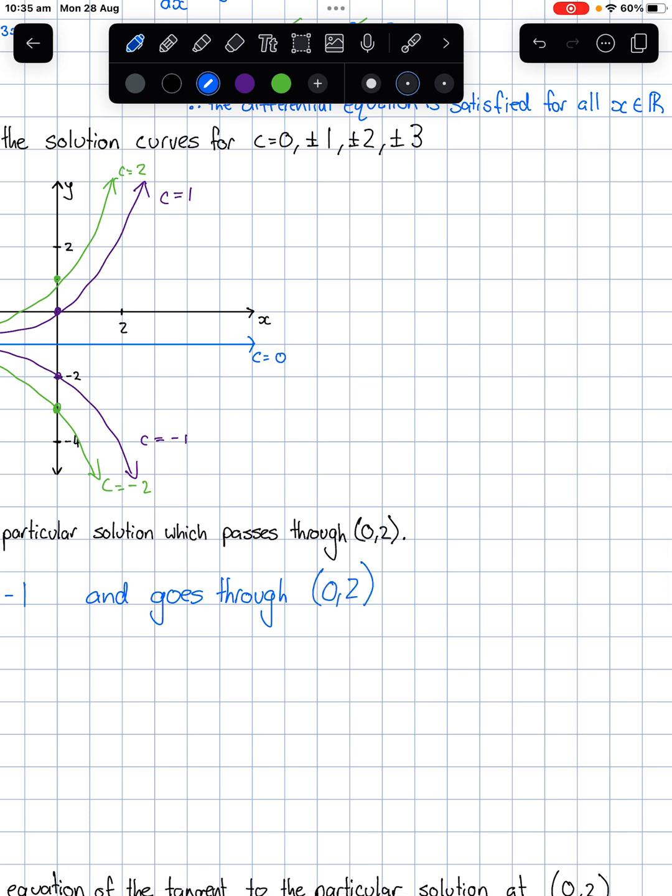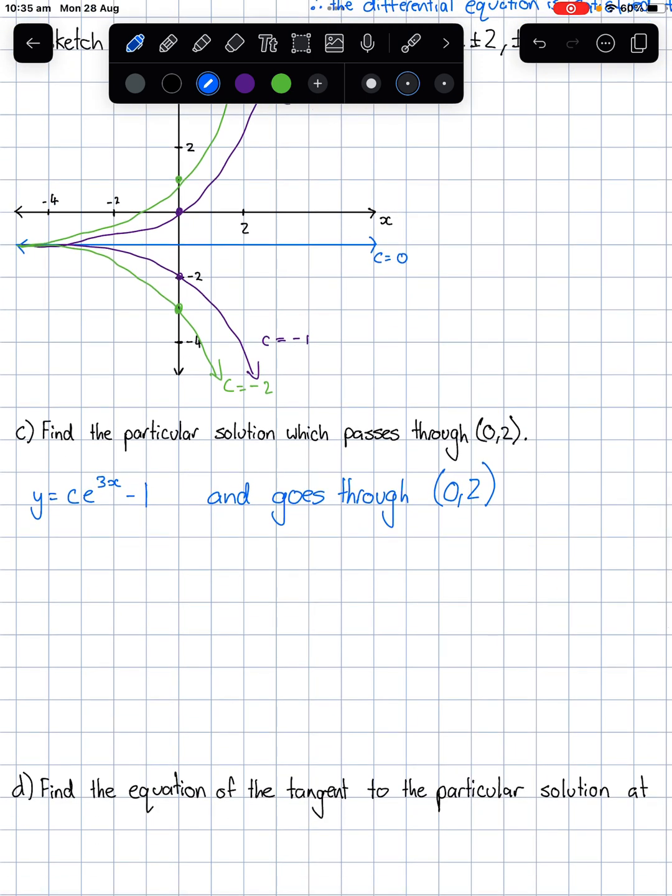So if it goes through 0 and 2, it means when x equals 0, y equals 2. So we're going to have 2 equals ce to the 3 times 0 minus 1. So let's add 1 to both sides. We're going to have 3 equals ce to the power of 0, which therefore means c equals 3, which is easy. So c equals 3.